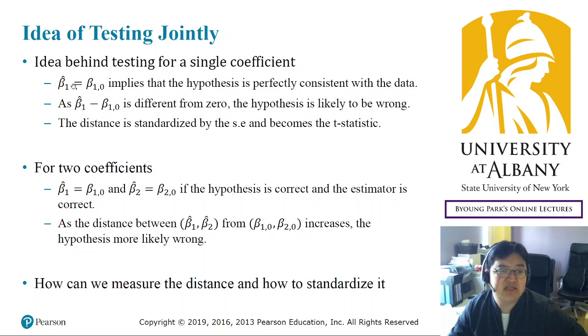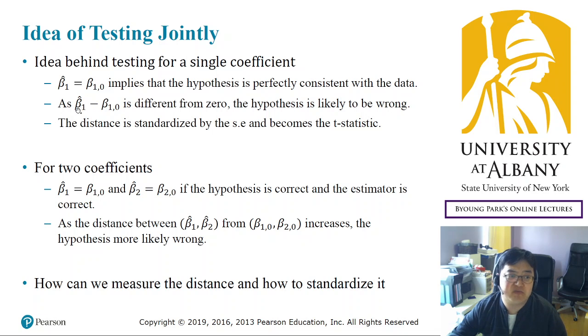If they are the same, that means your hypothesis is perfectly consistent with the data. Except for estimation error, it means your hypothesis looks very much correct. And then when can we reject the null hypothesis?